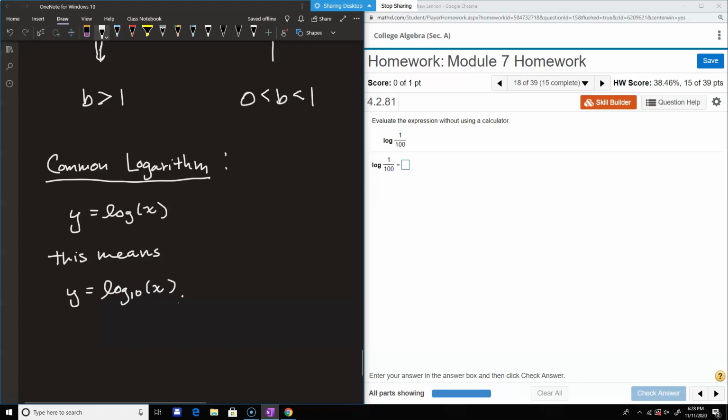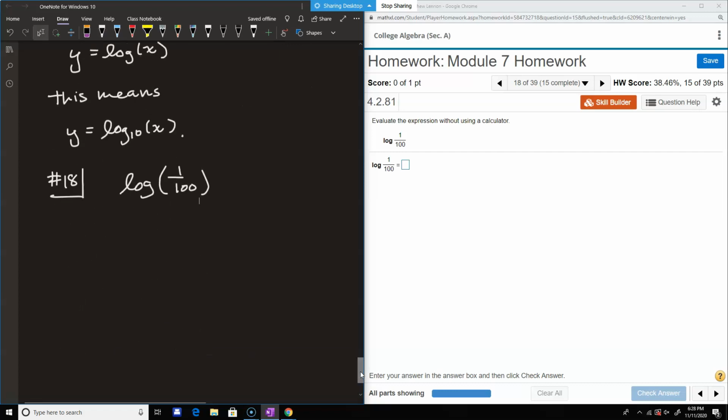Since this is so frequently used, we just don't write the 10. It's kind of like for the cube root, you've got that little 3 up there, but when you're doing a square root, you don't write 2. It's just the most common one, so we don't write anything. So for instance, on number 18 here, when I have the log of 1/100, the base, although it's not appearing, I know that it's 10.